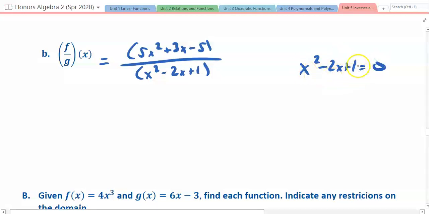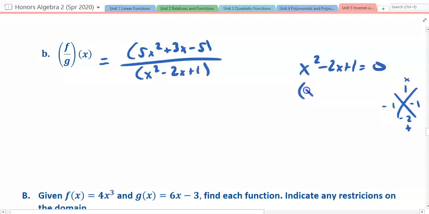Now, we could do a couple different methods here to solve this, but if you'll notice, if I do my next puzzle really quickly, 1 is my a times c, and negative 2 is my b, and so I'm going to get negative 1 and negative 1, because negative 1 times negative 1 will give me the 1, and negative 1 plus negative 1 gives me the negative 2.